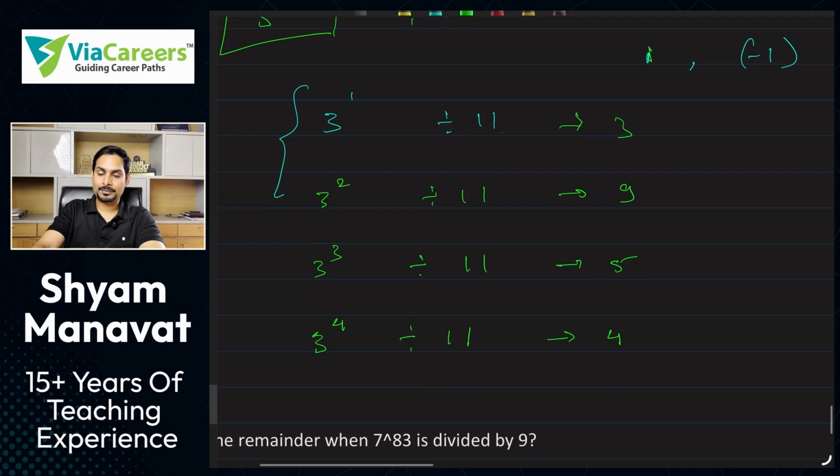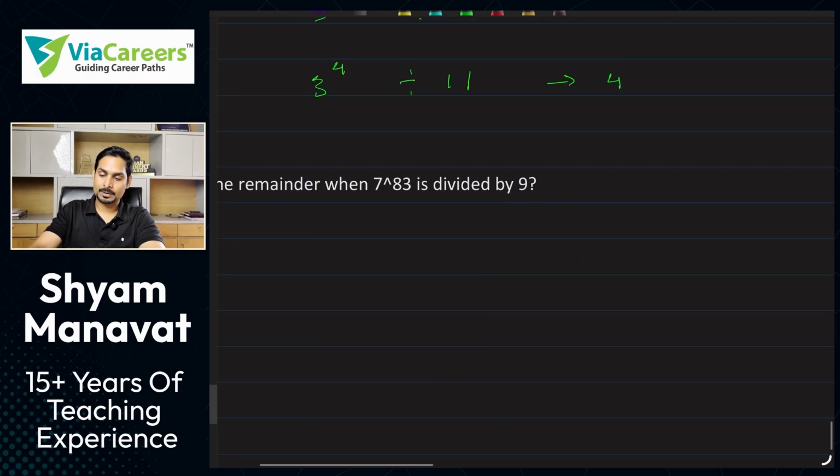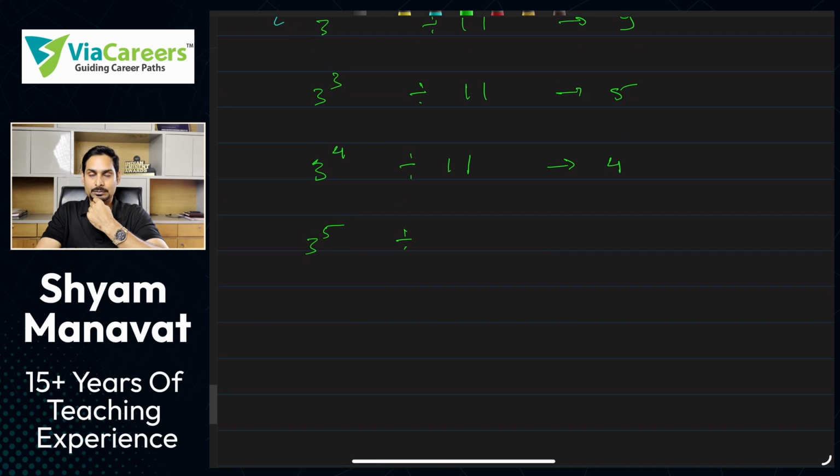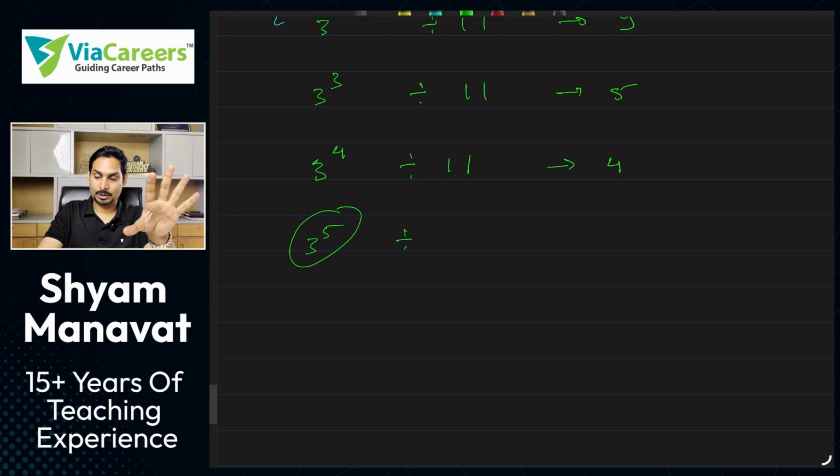3 to the power, one second, just a minute, let me make some space. Yeah, 3 to the power 5. Okay, suppose you are not able to calculate 3 to the power 5, you can make use of the previous remainder. See, 3 to the power 5 divided by 11, think about it.